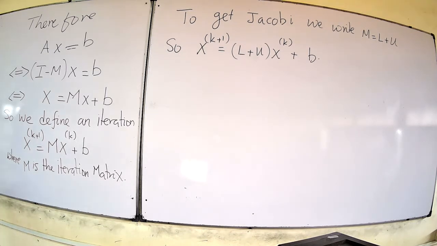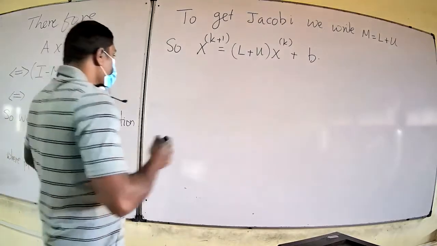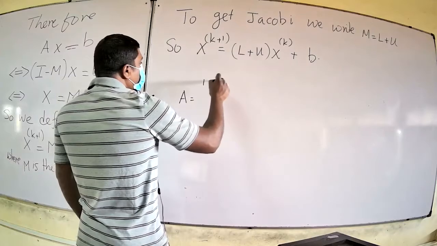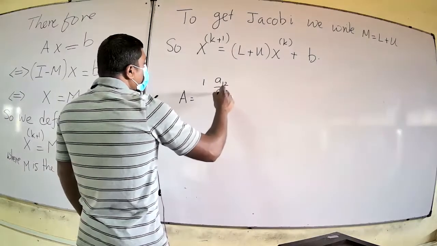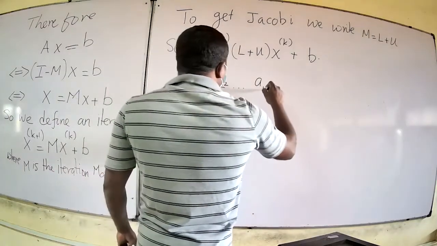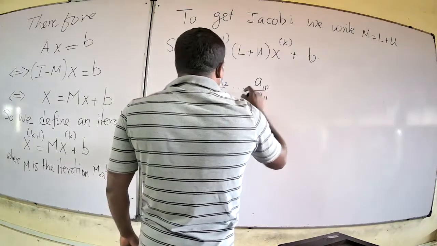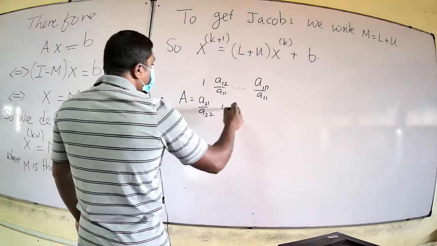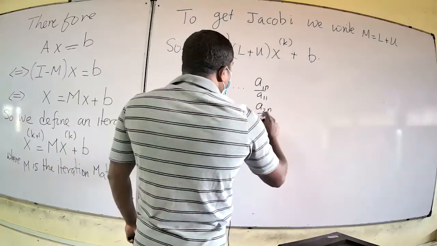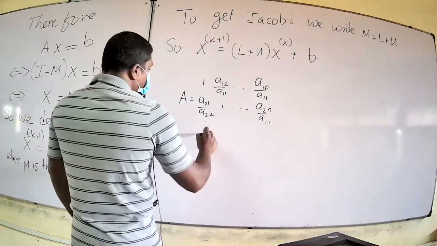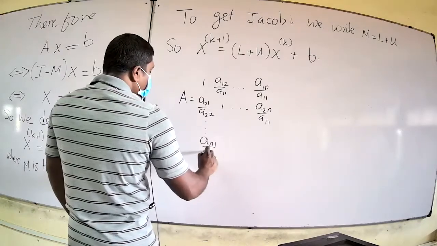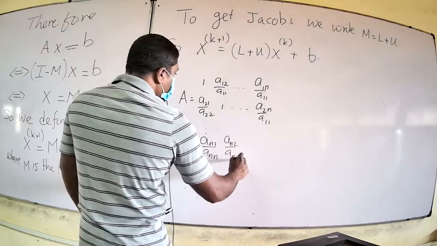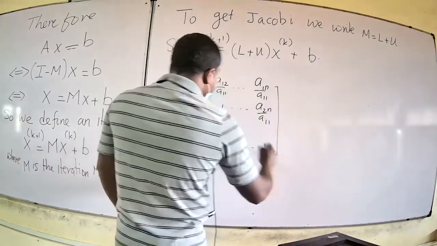Let me show you the work. You know that your A is this: 1, A12 over A11, up to A1n over A11; A21 over A22, 1, A2n over A11, all the way up to AN1 over ANN, AN2 over ANN, all the way up to 1.